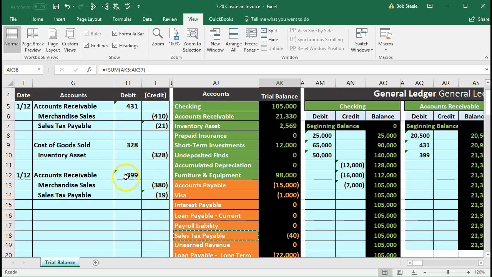So that's the first part of it. However, we also want to track this receivable not just by date of the receivable as it's tracked in the general ledger, but we also want to track it in terms of who owes us the money. If we were to do this by hand, we would have to actually do another subsidiary ledger. If we do this within accounting software, the software will not let us post an invoice or some transaction like this, a journal entry, to accounts receivable without a customer.